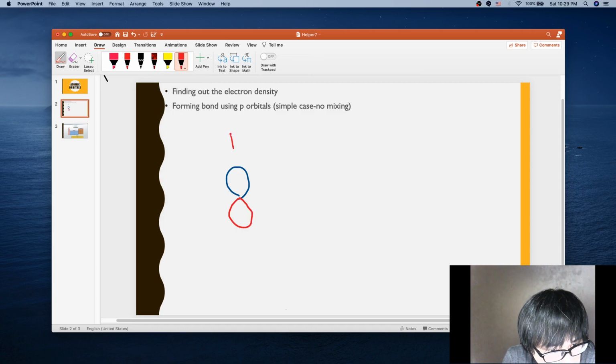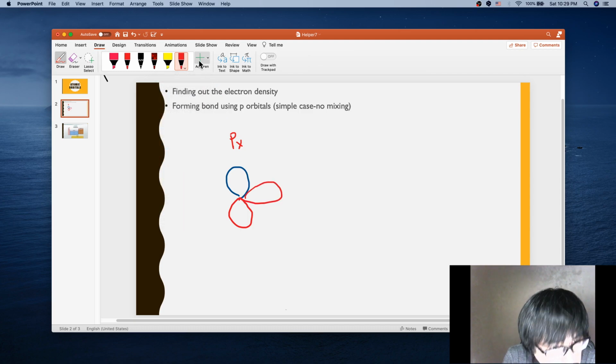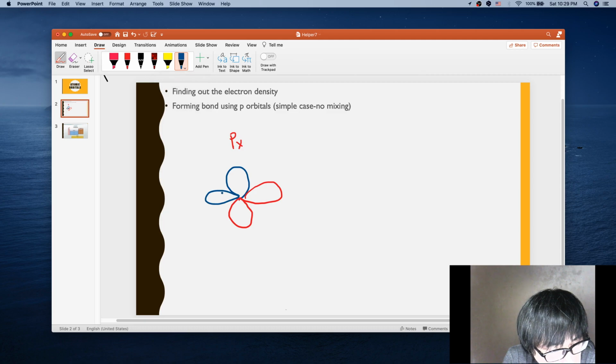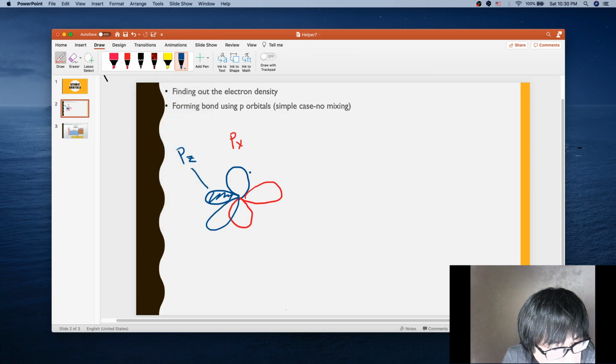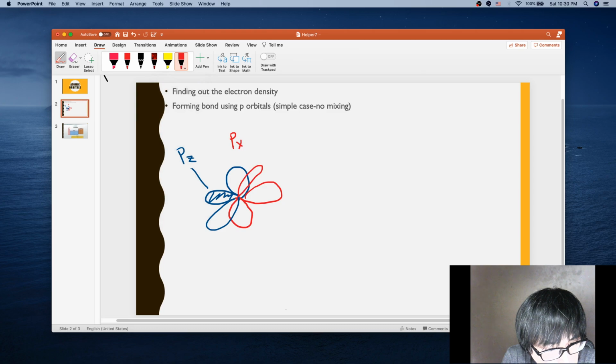Maybe a px, and then pz may look like this. And then py is the one that's coming out of the paper and going into the paper, right?